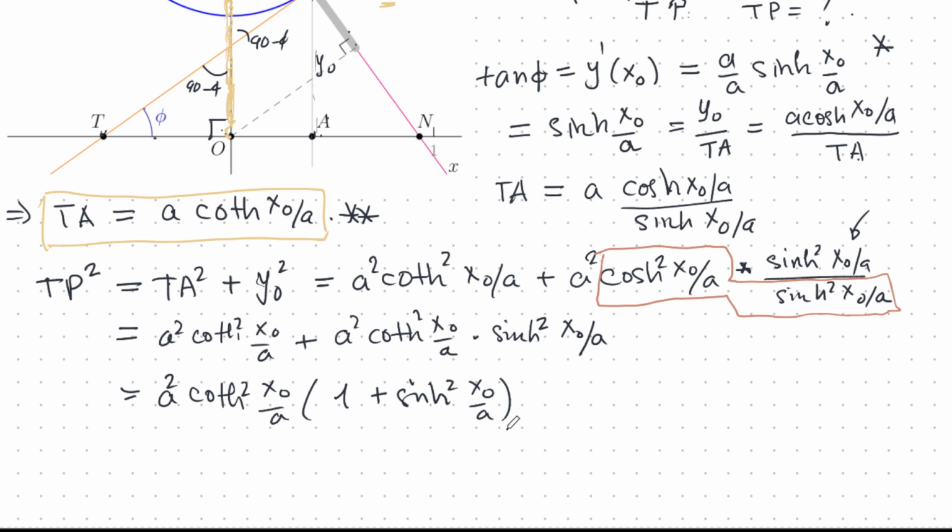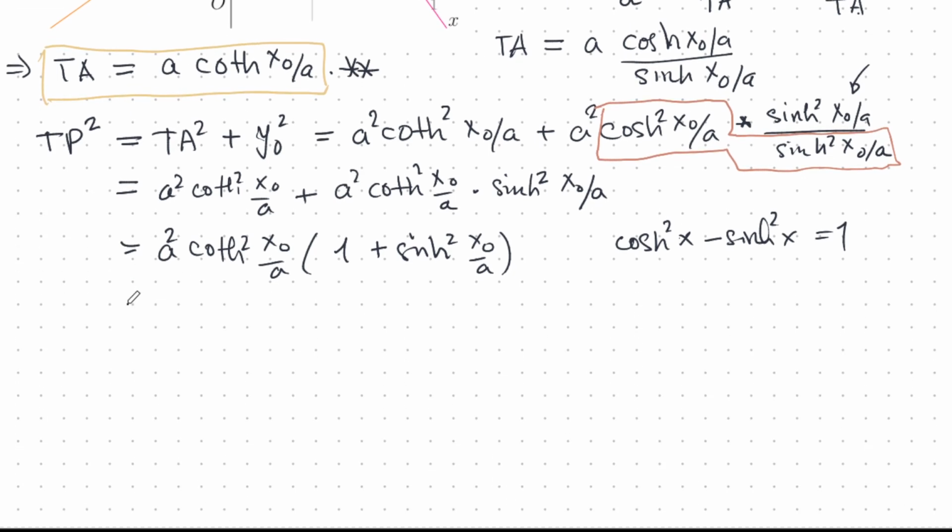Way up ahead, I suggested that you try proving the identity cosh squared x minus sinh squared x is 1. So we know that that's true, and it's provable.